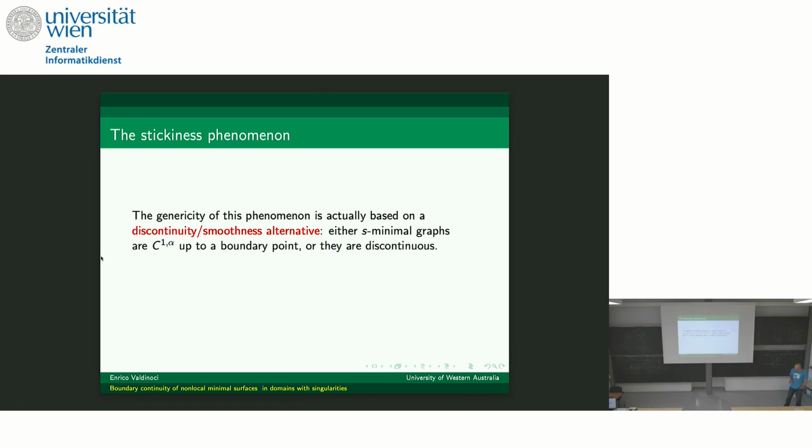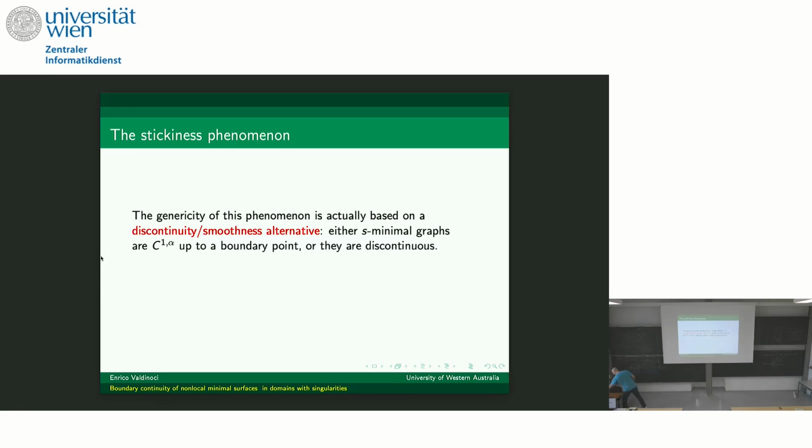Also, the proof of that really relies on the distinction I was mentioning before regarding points that you can touch or not touch from inside, because to prove this kind of generic stickiness, one argument that you may want to do is, let's start with something that doesn't stick. Let me try to give a picture of it.